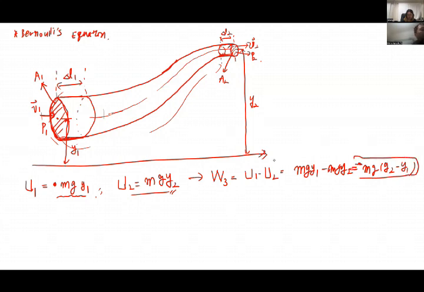Now you want to estimate the total amount of work from the motion of this fluid from point 1 to point 2. That should be the force times the travel distance, plus the variation of potential energy. So that should be W3.